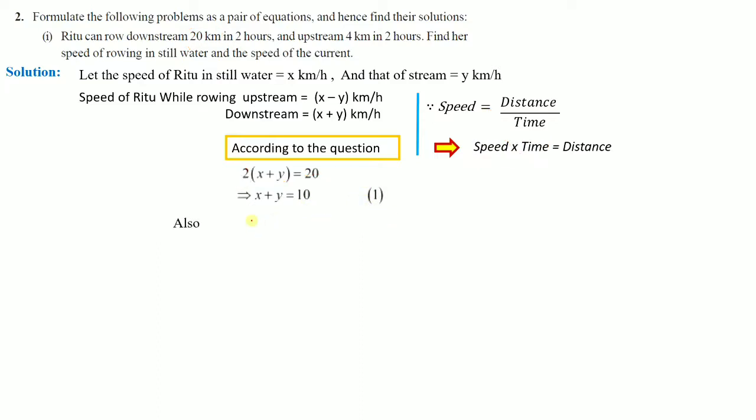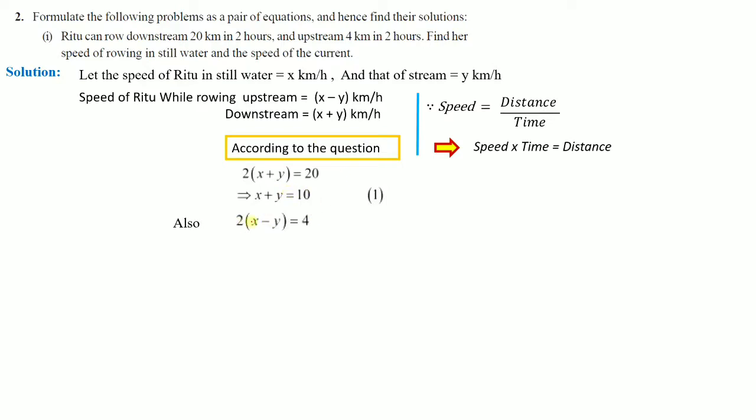Second condition, we also have a second condition, upstream 4 kilometer in 2 hours. That means x minus y, because we are going upstream, so instead of x plus y, now we have x minus y as the speed, and then the time she takes is again 2 hours only, but the distance this time she travels is only 4 kilometers.